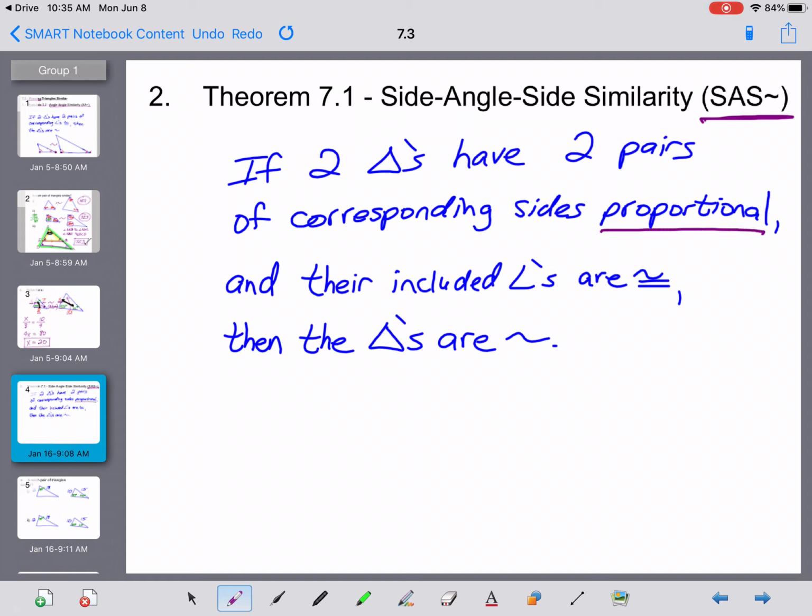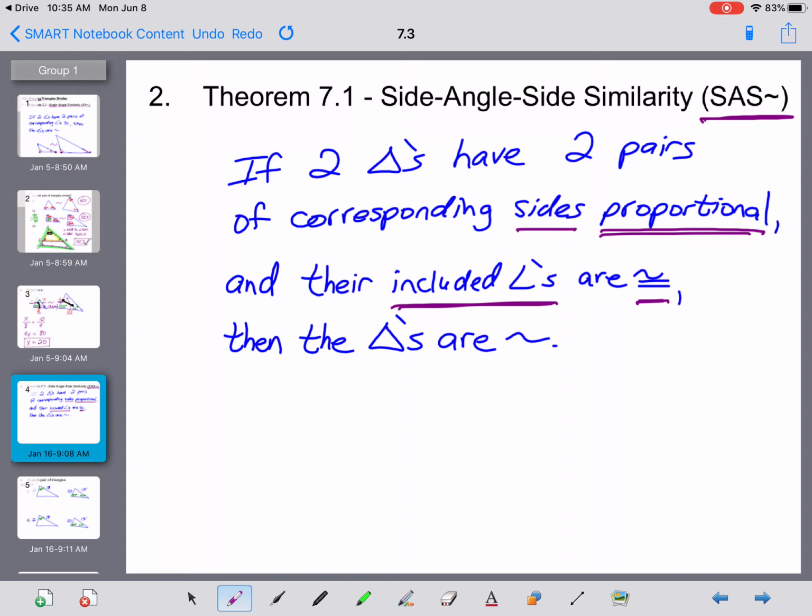Back in chapter 4, those corresponding sides had to be congruent, but now we're talking about proportionality. So if they have two pairs of corresponding sides proportional, and their included angles, meaning the ones in the middle, are congruent. So this is important, guys. Sides have to be proportional, angles have to be congruent. If that happens, then your triangles are similar to one another.